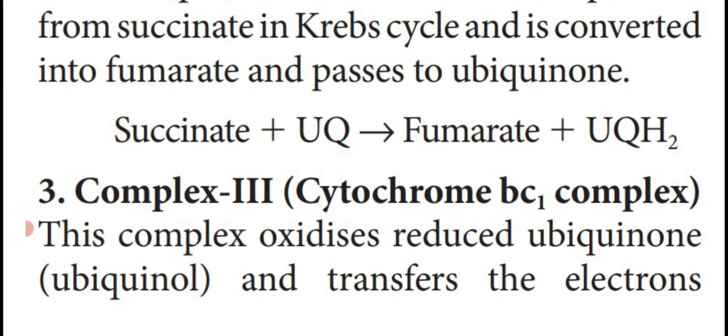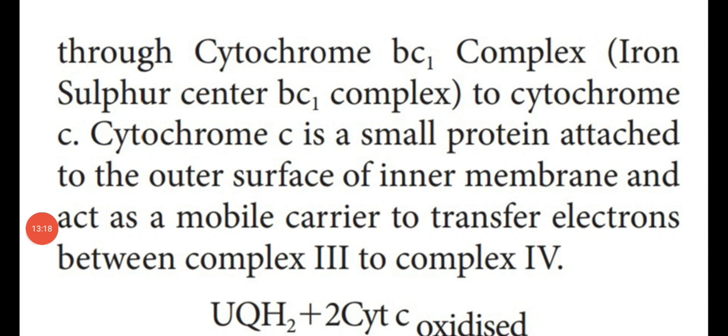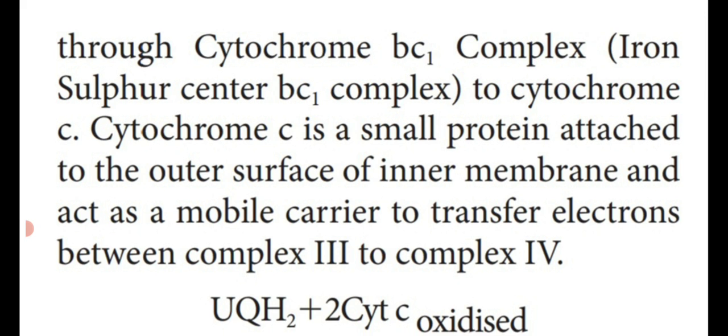This complex oxidizes and also gets reduced ubiquinone and transfers the electron through different electron carriers, that is cytochrome BC1 complex, to cytochrome C. Cytochrome C is a small protein attached to the outer surface of the inner membrane of mitochondria, which acts as a mobile carrier to transport electrons from complex 3 to complex 4.